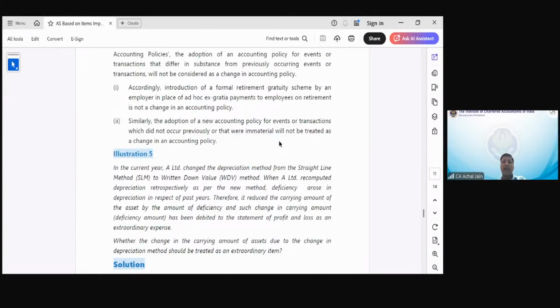Therefore, it reduced the carrying amount of the asset by the amount of deficiency, and such change in the carrying amount has been debited to the statement of profit and loss as an extraordinary expense. Whether the change in carrying amount due to change in depreciation method should be treated as an extraordinary item or not.